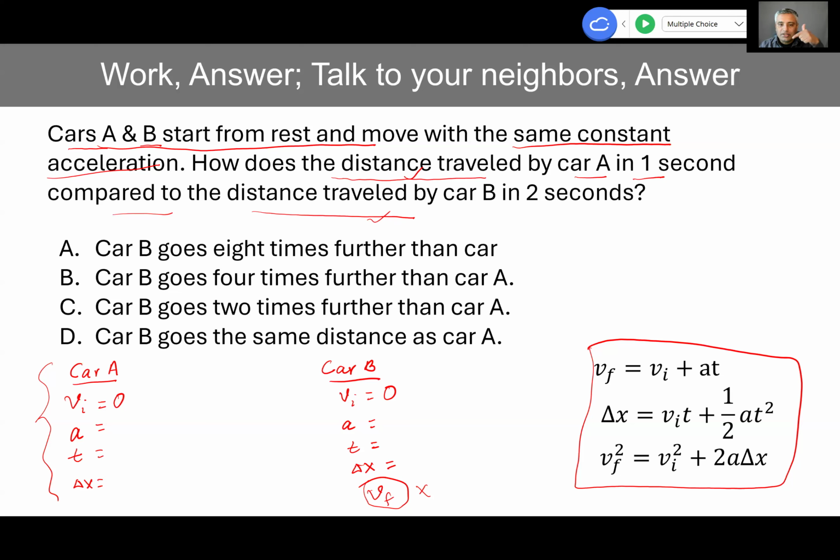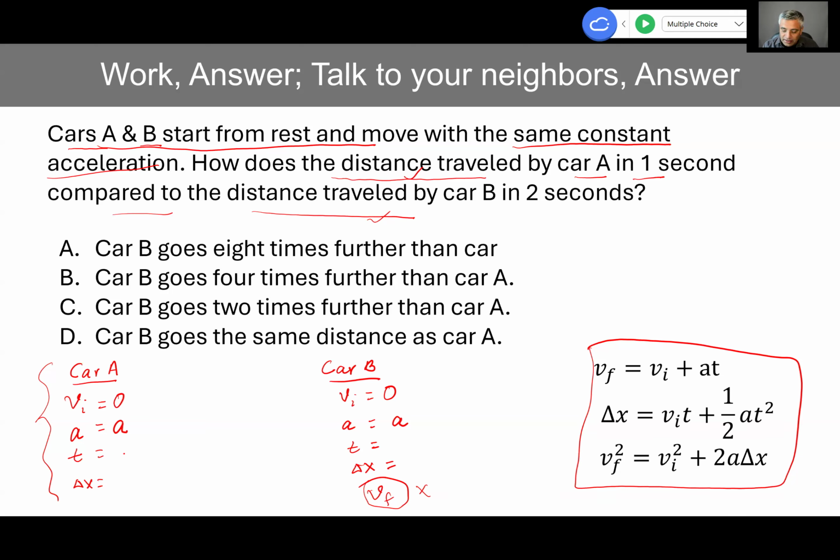If one is accelerating at 1 meter per second squared, another one is also doing the same, and so on. So we don't know what that number is. And to answer the question, maybe we don't need it. But we have this information. Whatever acceleration it has, the other one has the same acceleration. So I'm just writing A for that. Okay.